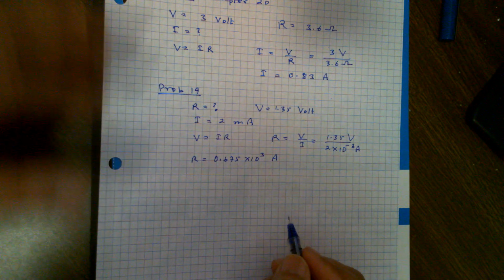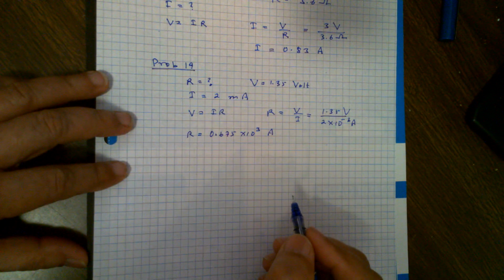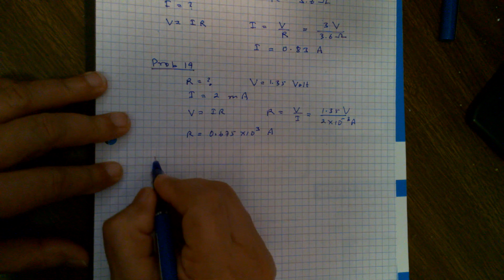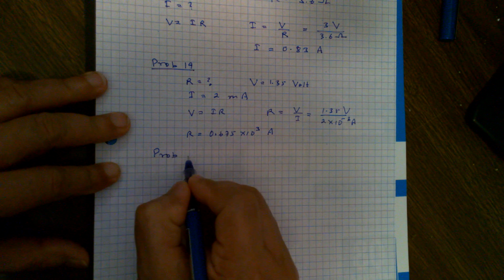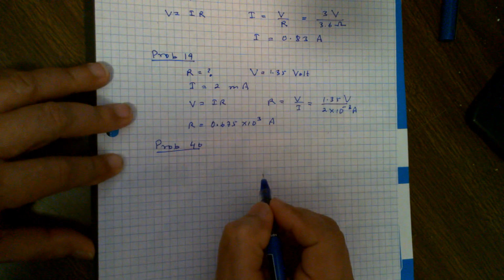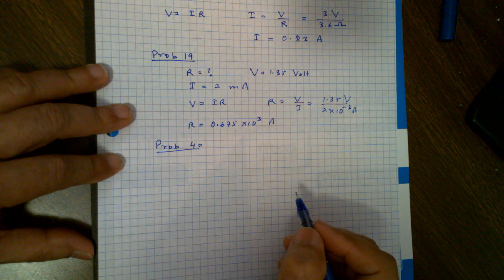Alright. So now let's do the next one. The next one that I'm going to do is finding power, problem number 40. Problem number 40 says, what is the power of a 1 times 10 to the power 2 million volt lightning bolt?